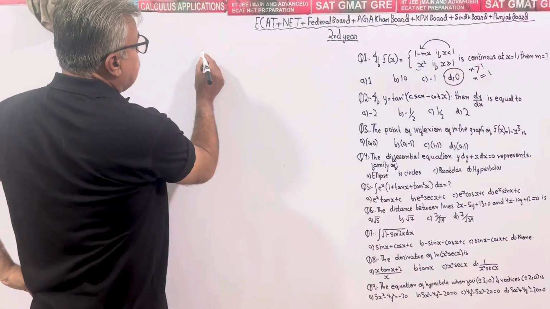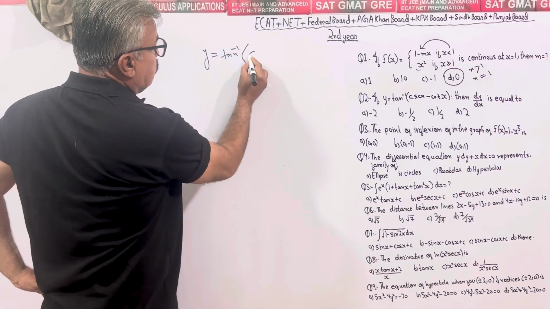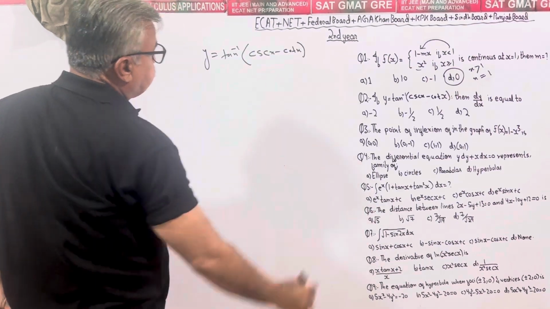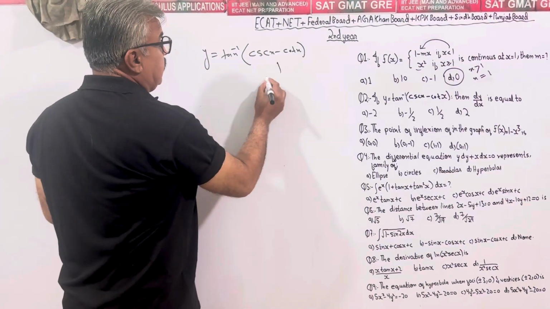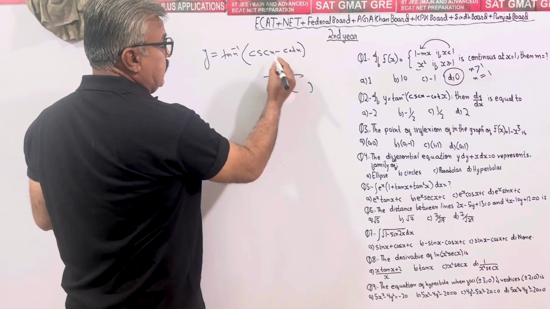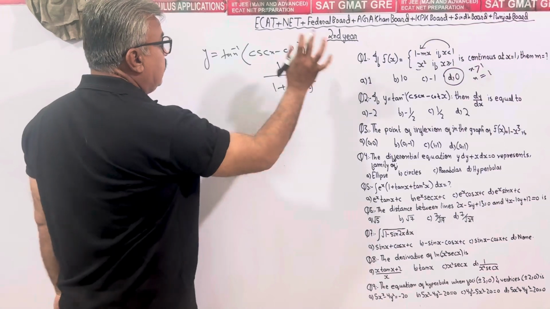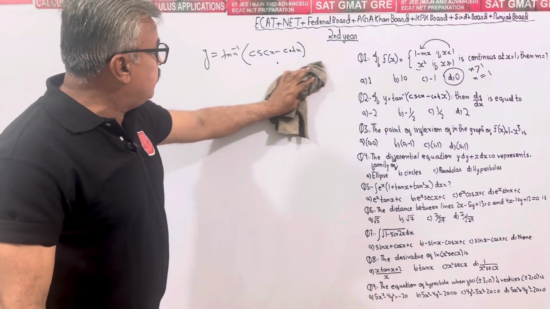Let's see how. y is equal to arctan of cosec x minus cot x. If you attempt it that way, with 1 plus angle square and then differentiation of the angle, it is going to take time and it is cumbersome.